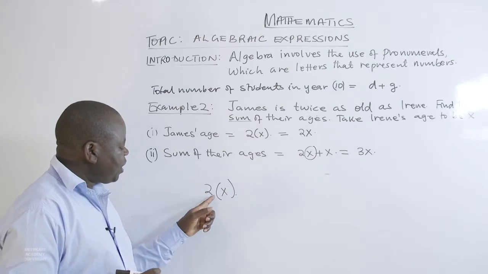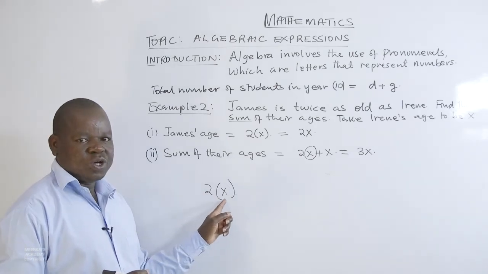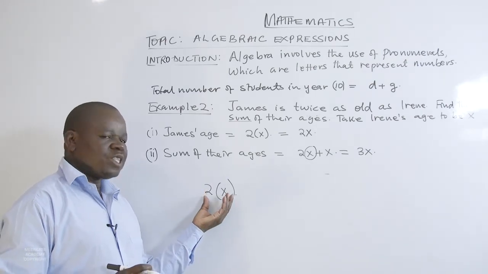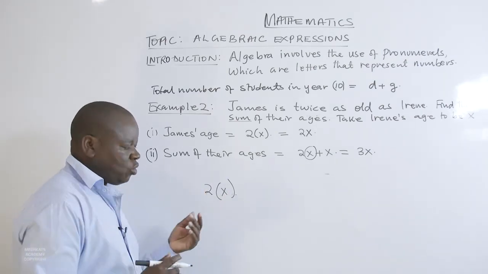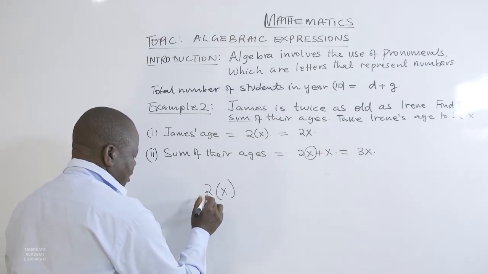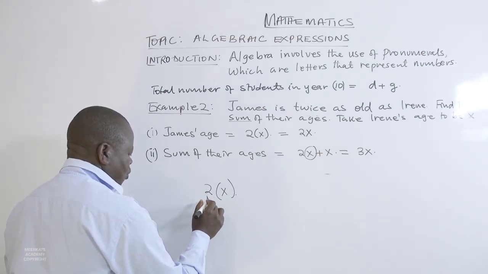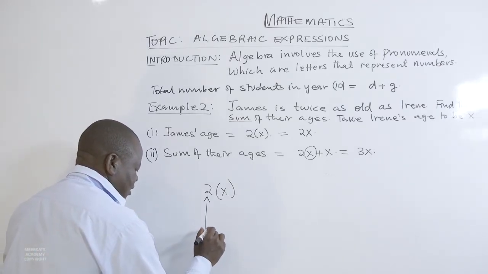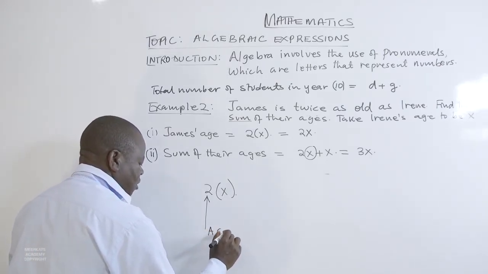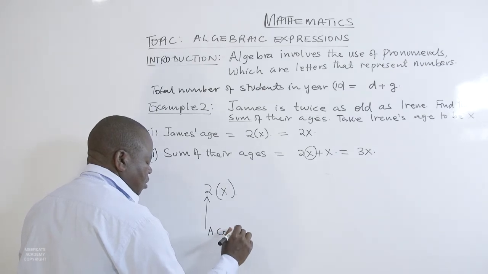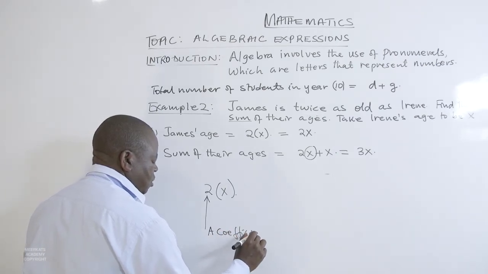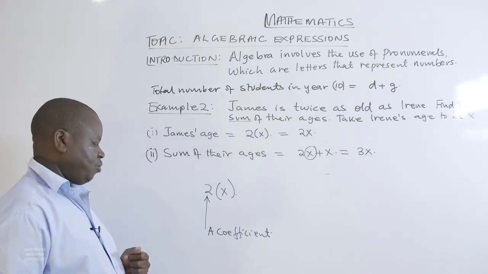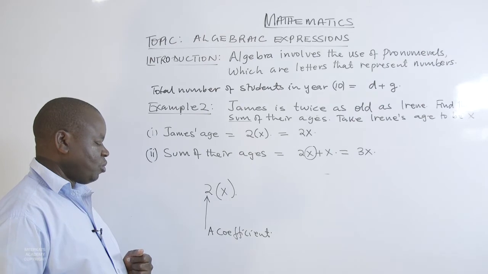So when a mathematical numeral is attached to a pronumeral, which is unknown here, they have their mathematical definitions. So this 2 here, which is a multiplier of that pronumeral, is known as a coefficient. It is known as a coefficient.